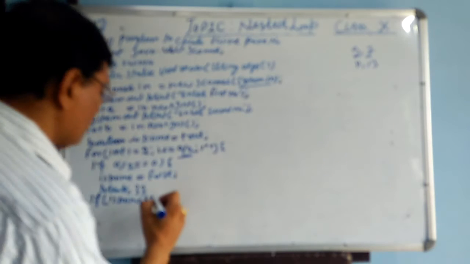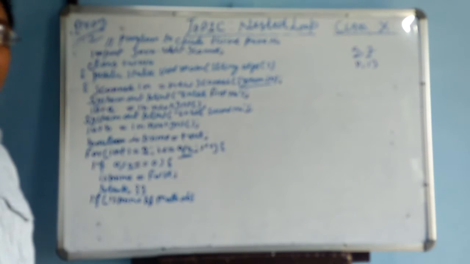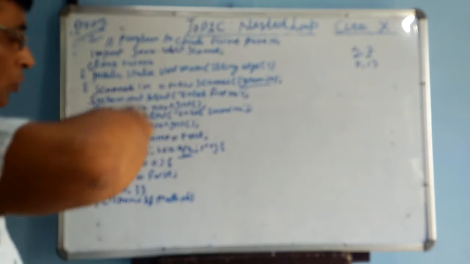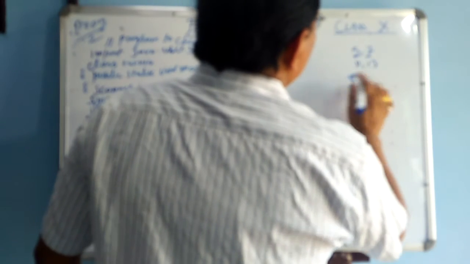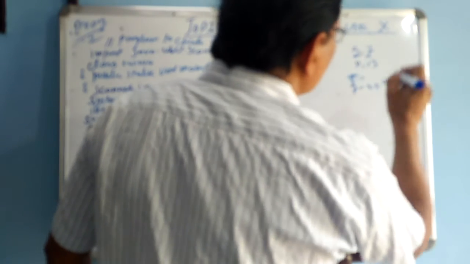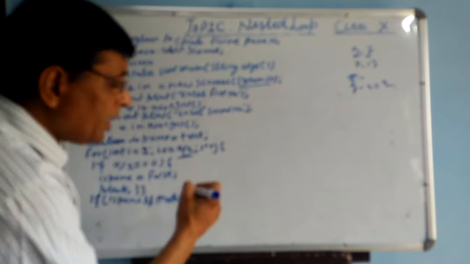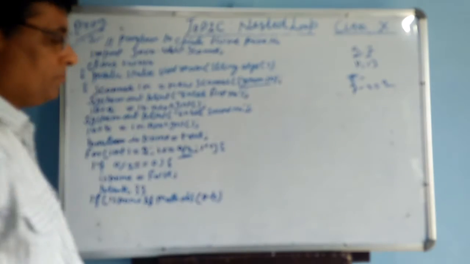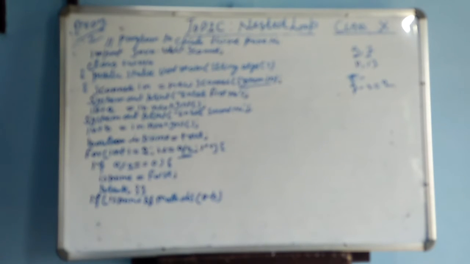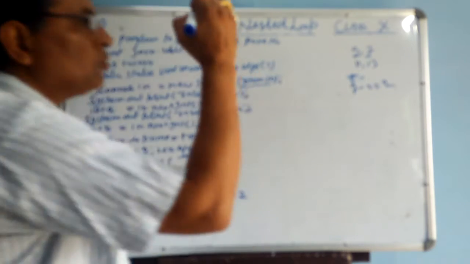Math dot abs, absolute value we will use here, because we have to take the difference also. 5 minus 7, minus 2, the difference is 2. So for the difference we have to use here a minus b. Clear? And then difference will be equal to 2.